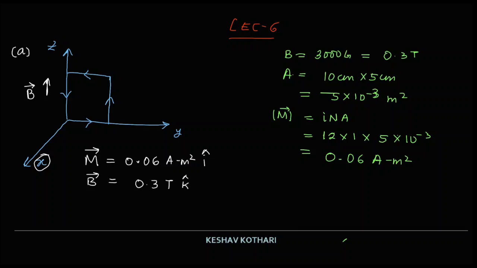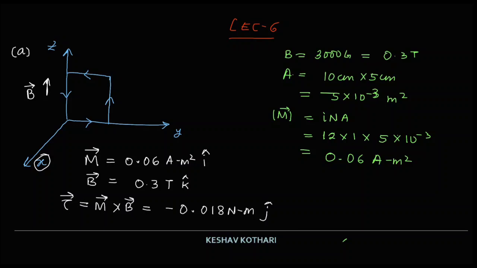If we write the magnitude of torque which it is going to experience, along with its direction, the torque vector can be written as m cross B. If we do the cross product of m and B, we attain a value equivalent to minus 0.018 Newton meter j cap. So the direction is in the negative y axis, that is in the negative j cap direction, with a magnitude of 0.018 Newton meter.